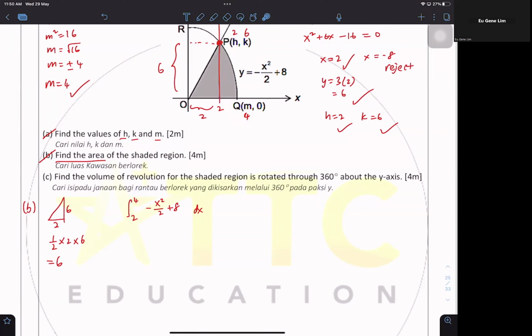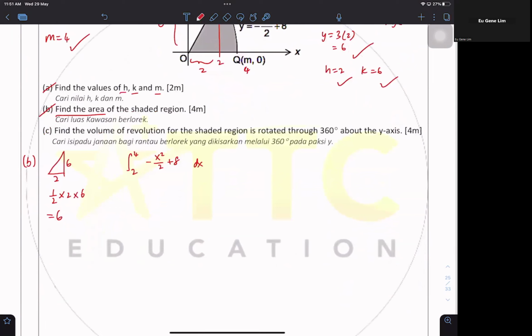So you are finding the area between 2 and 4, between curve and x-axis. The dx means x-axis. So you are finding this part. That's the area. Understand? Let's do it.